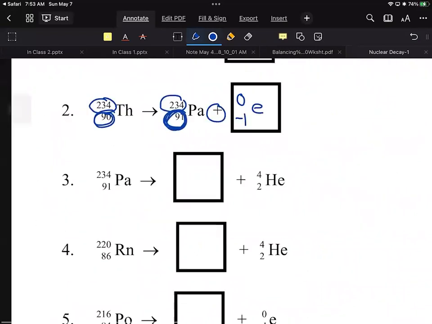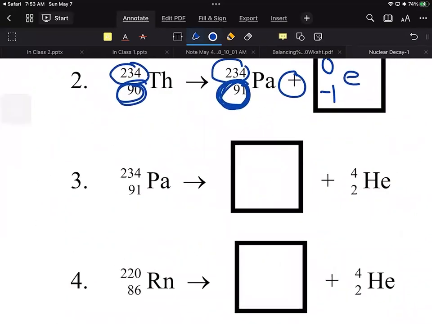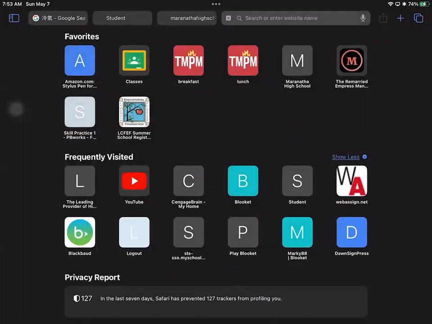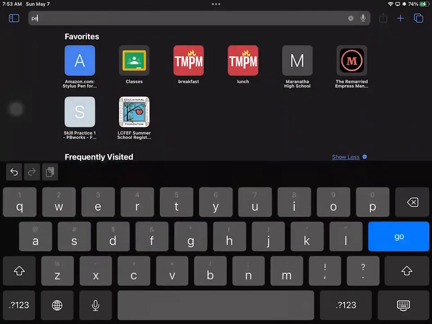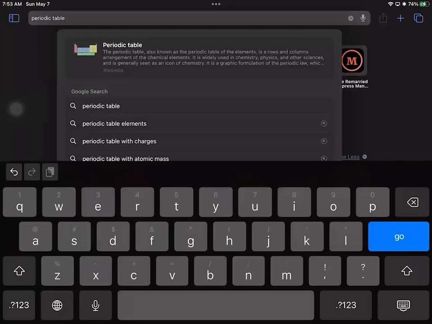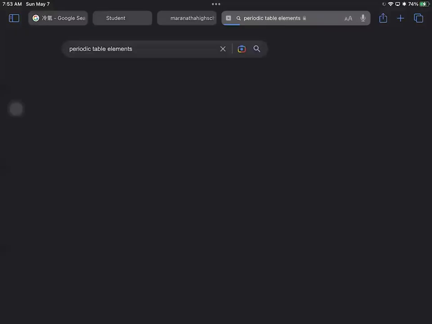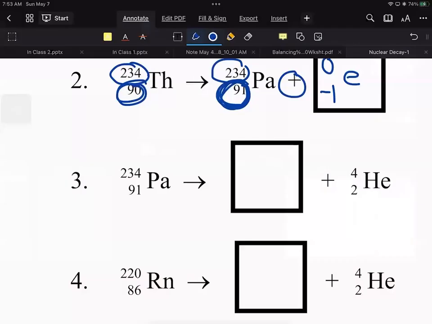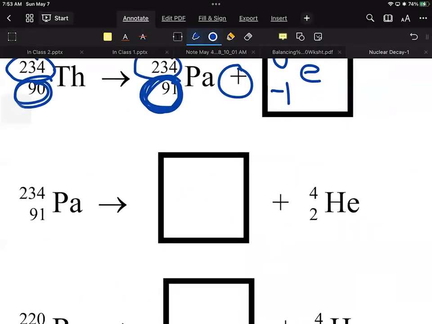All right, this is alpha decay. Now we need to find out the element, so let me pull up a periodic table. There we go. So 234 breaks down into 4 and something else. What plus 4 equals 234?